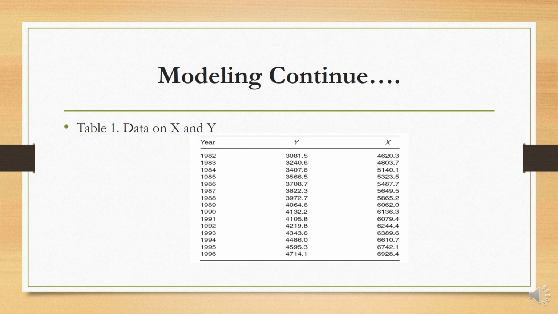Y and X data were taken from the World Development Indicators, that is the WDI. To estimate our model 2, we should obtain data, either primary or secondary, time series or panel or pooled data. We discuss the types of data in detail in the next lecture.